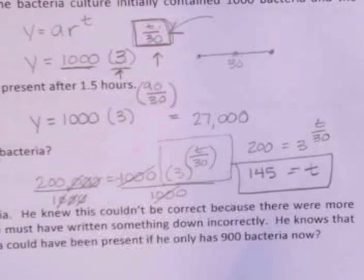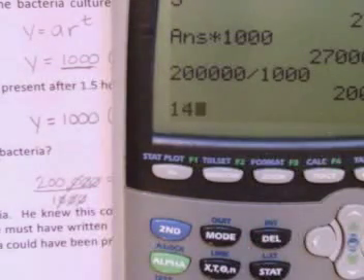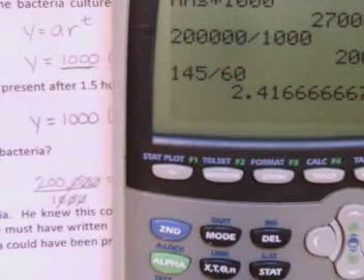So we could express that as minutes, or if we would like to express that as hours, we could go back and divide 145 minutes by 60 and find that that's about 2.4 hours.